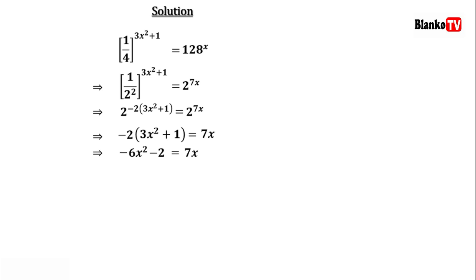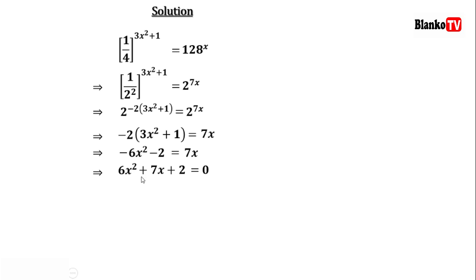So we move all the terms to the left-hand side and equate it to 0. We have 6x² + 7x + 2 = 0. I hope you understand. We now have a quadratic equation to solve.